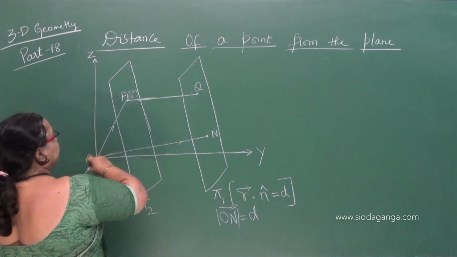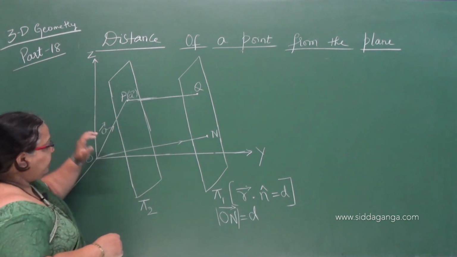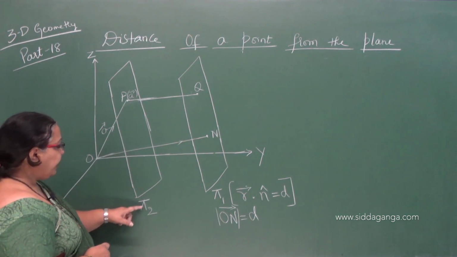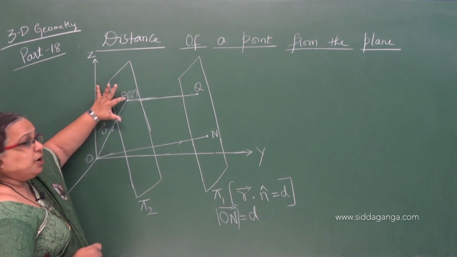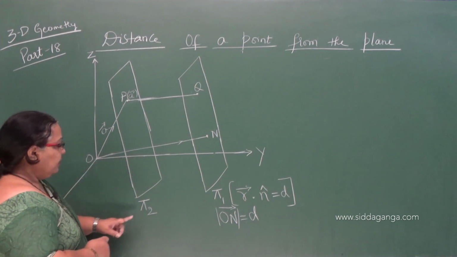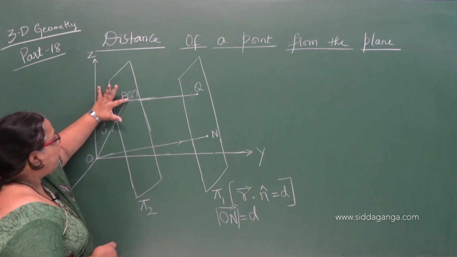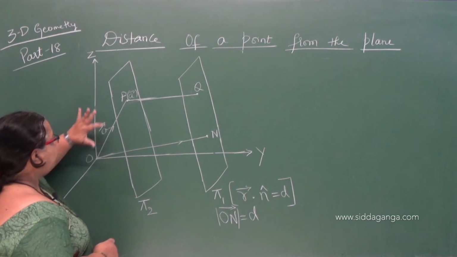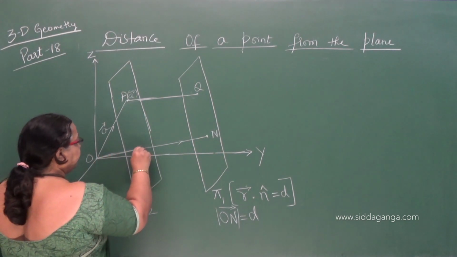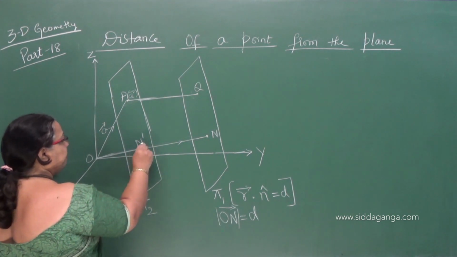The position vector of the point P, you take it as vector A. So therefore, the equation of the second plane, now this second plane passes through the point P. Iduna according to second theorem prakara consider agutte. The equation of the plane, that is pi 2, passes through the point P whose position vector is vector A, and also the normal drawn, the perpendicular drawn to that plane, you take it as n dash is the perpendicular.